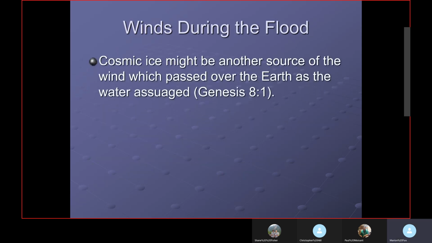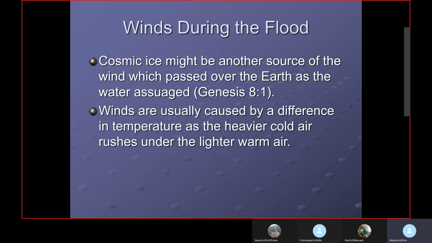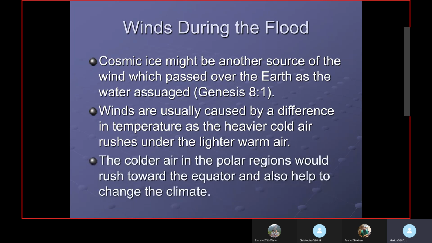All right. Cosmic ice might be another source of the wind which passes over the Earth as the water sways, according to Genesis 8:1. Winds are usually caused by a difference in temperature as the heavier cold air rushes under the lighter warm air. Again, this is my claim that this would occur. The colder air in the Arctic and the polar regions would rush toward the equator and also help to change the climate. So we have a change in the climate because of that.